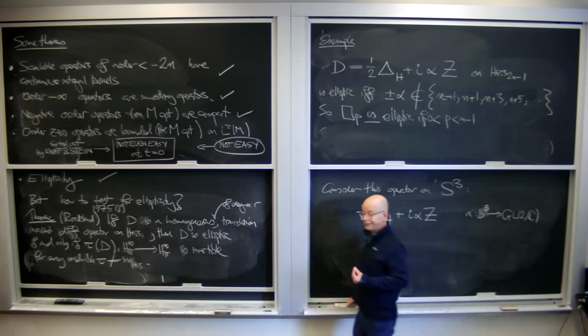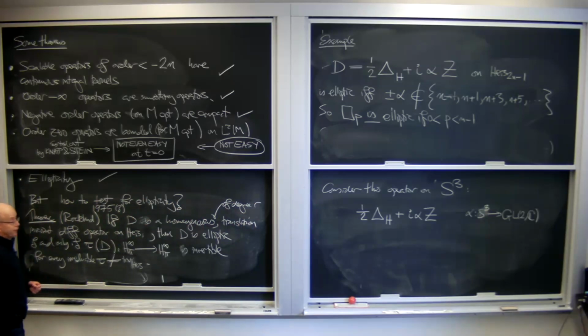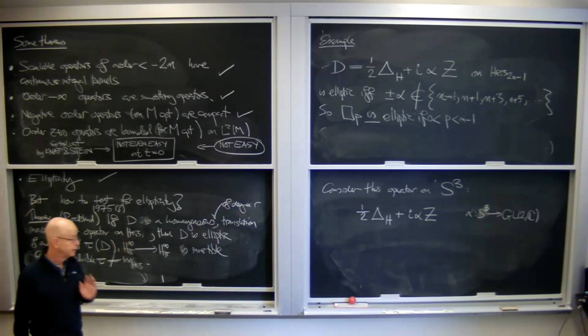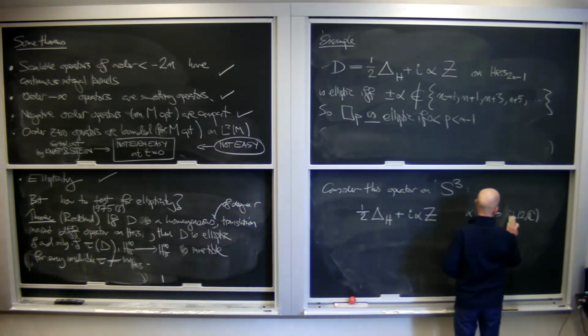If you want to get an index theorem with non-zero index values, it's no good to talk about operators with scalar valued alphas. The smallest non-trivial examples come from matrix valued alphas like this. It's not important that these be invertible. They're just matrices.